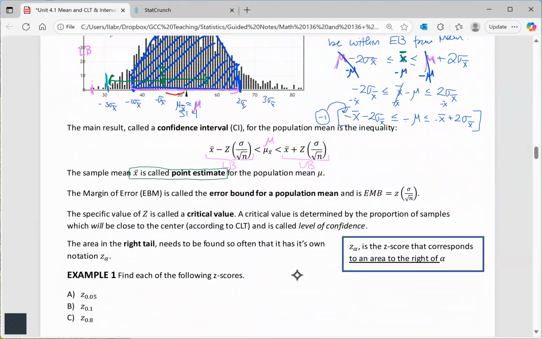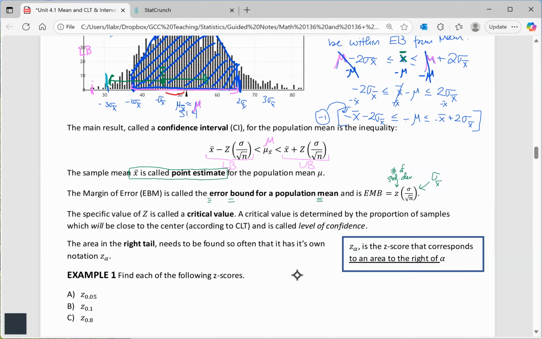So here's the E, error bound for the mean. So that's the EMB. And that's Z, which, if you remember, was the number of standard deviations. And then here we have sigma of X bar, so the variability, the spread in our sample distribution.